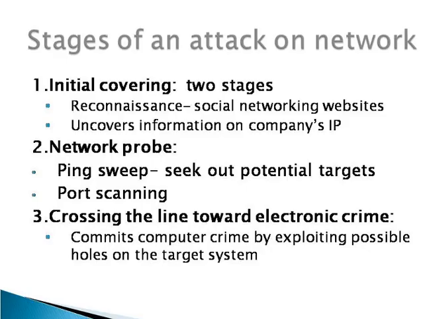Now, the first and initial stage of a network attack is initial covering. In this, two steps are involved. The first step is called reconnaissance, where the attacker gathers as much information as possible about the target by legitimate means, like searching for information about the target on the internet or googling social networking websites.